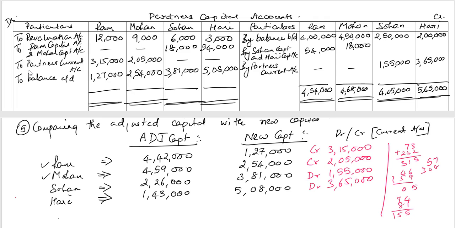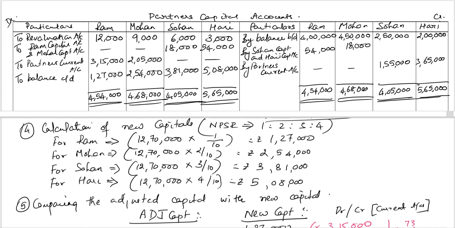These are the totals for the debit sides. So both the sides are tallying. So we know that our arithmetic is right.